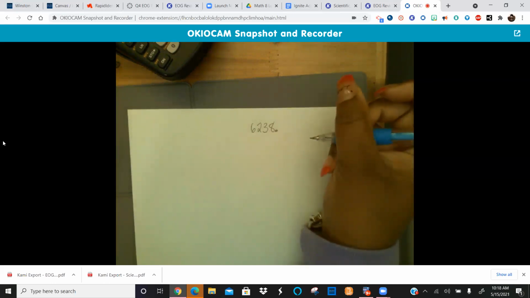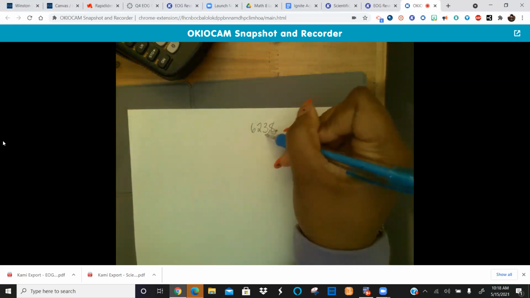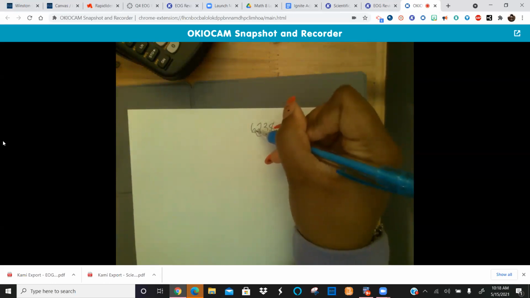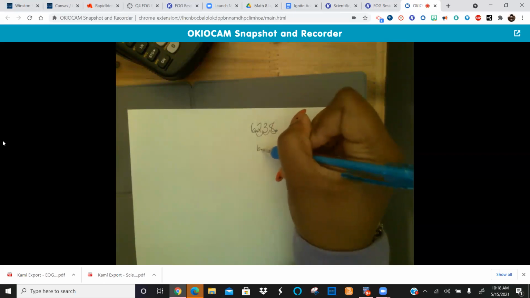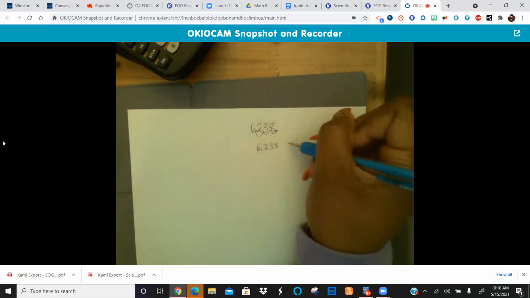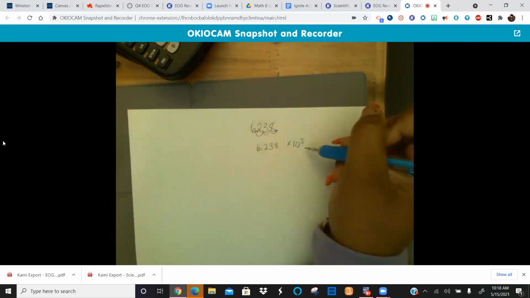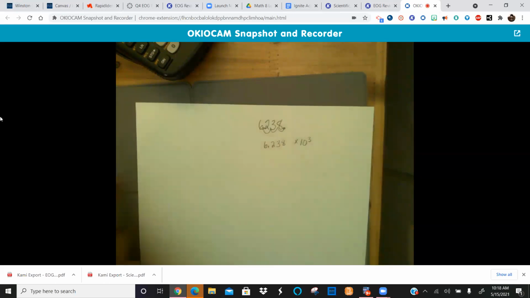You move the decimal behind the first significant digit, which is 6. 1, 2, 3. So this is 6.238. You remember this? Yes, ma'am. Okay. Then times 10 to the third power. So this is how you write this number on paper in scientific notation.